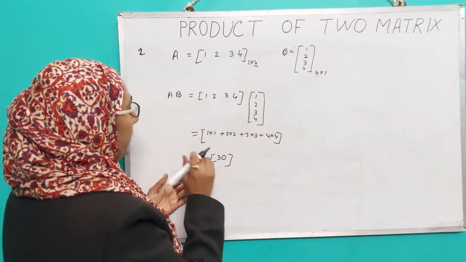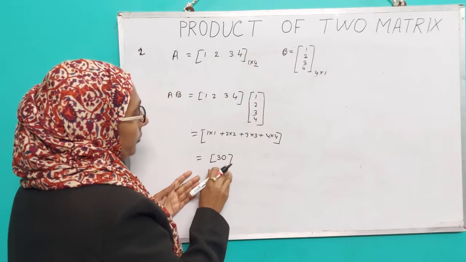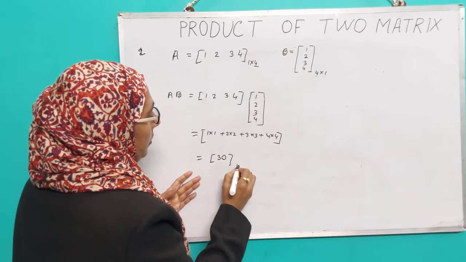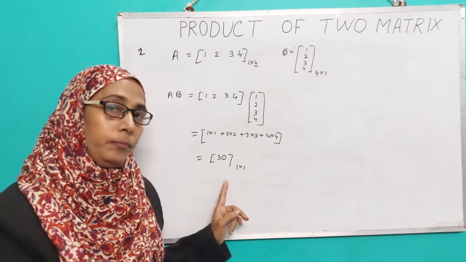And the order of this matrix is 1 by 1, 1 row and 1 column.